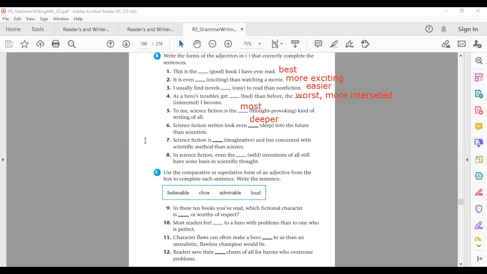What should I add to imaginative? If I want to put most, we have to have the before it. The most. But here I don't have the. If you notice, we have than. So what are we supposed to put?